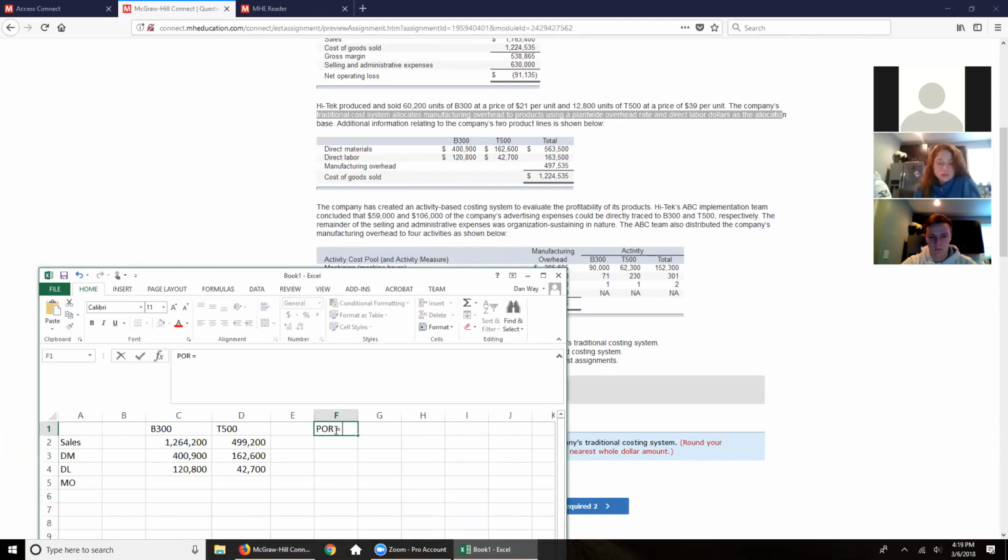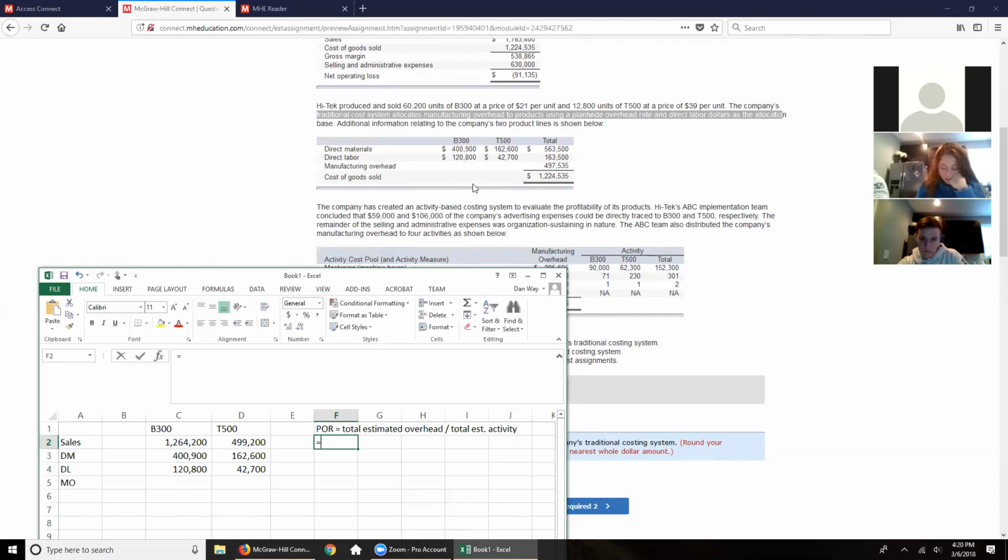If we think back to chapter 3, that's where we really focused on that. Plant-wide overhead rates are determined by taking our total estimated overhead divided by our total estimated activity or volume, whatever our base is. In this case, they told us that was direct labor dollars, so we'll be focusing on 163,000 and change for total direct labor.